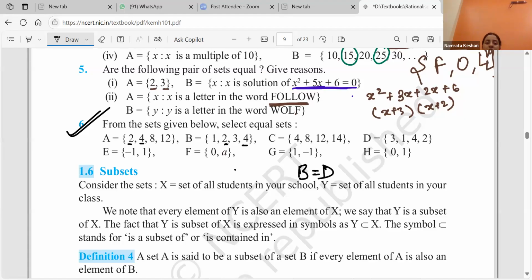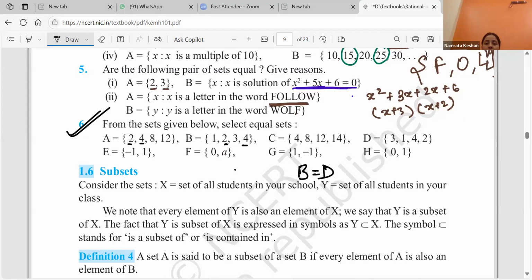Okay. So one by one, we are checking with each and every set. Here C: 4, 8, 12, 14. We will be checking C with D, C with E, C with F. The previous ones we will not be checking because we have already checked. Once we had taken A, then we had already checked. So C is not equal with any of them.